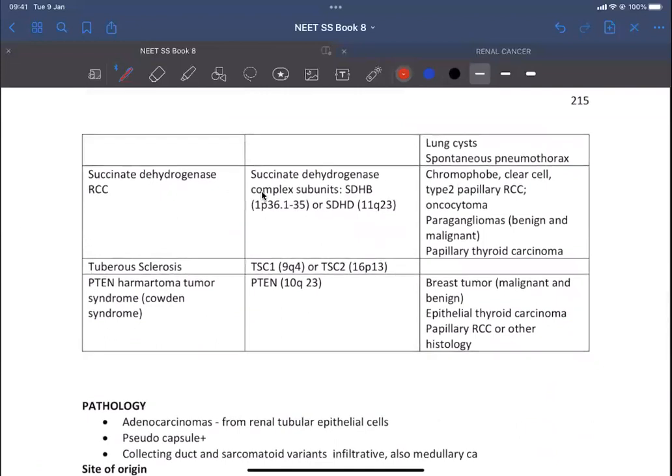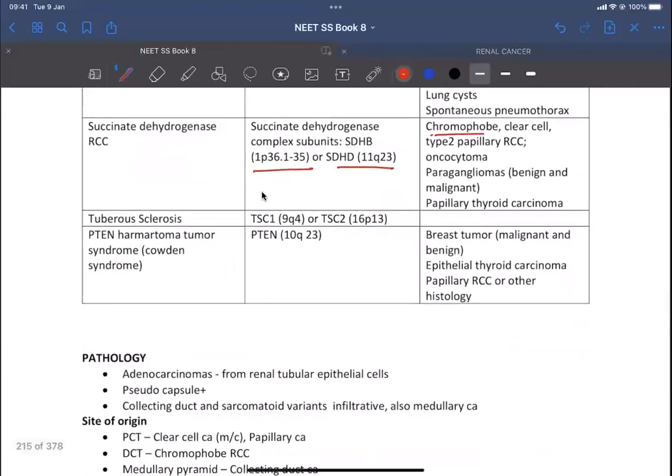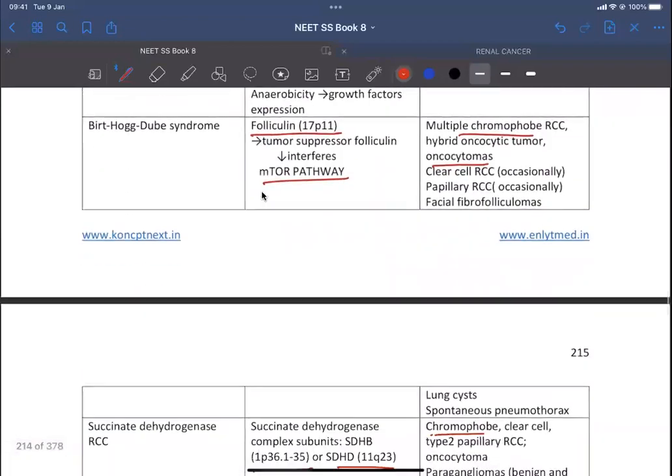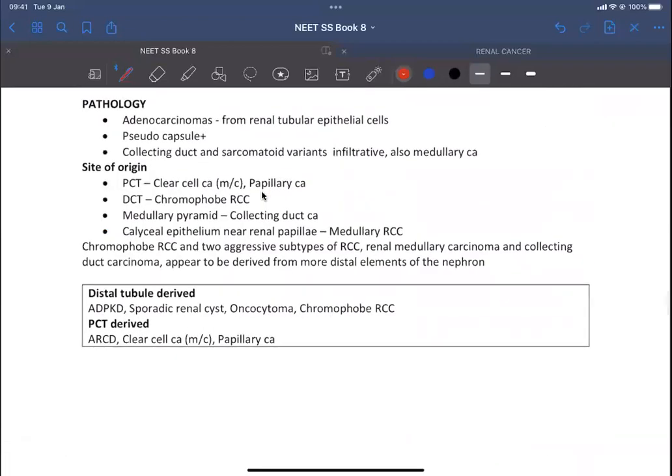Again, you can get all different types of RCCs, and it's either chromosome 1 or 11. You know about tuberous sclerosis, you know Cowden syndrome, it's PTEN in chromosome 10. So it's just repeated revision. Keep reading this again and again, that's the only way to remember this on the day of the exams.